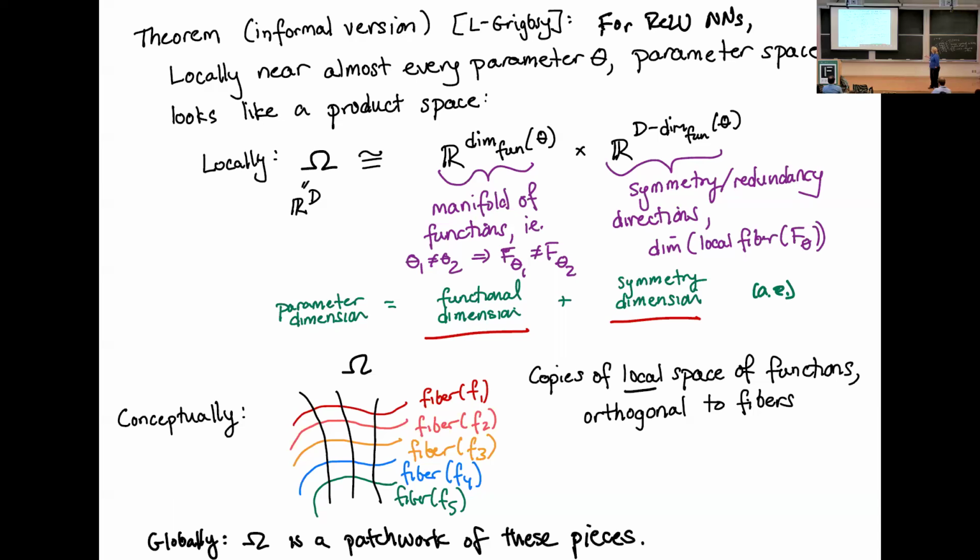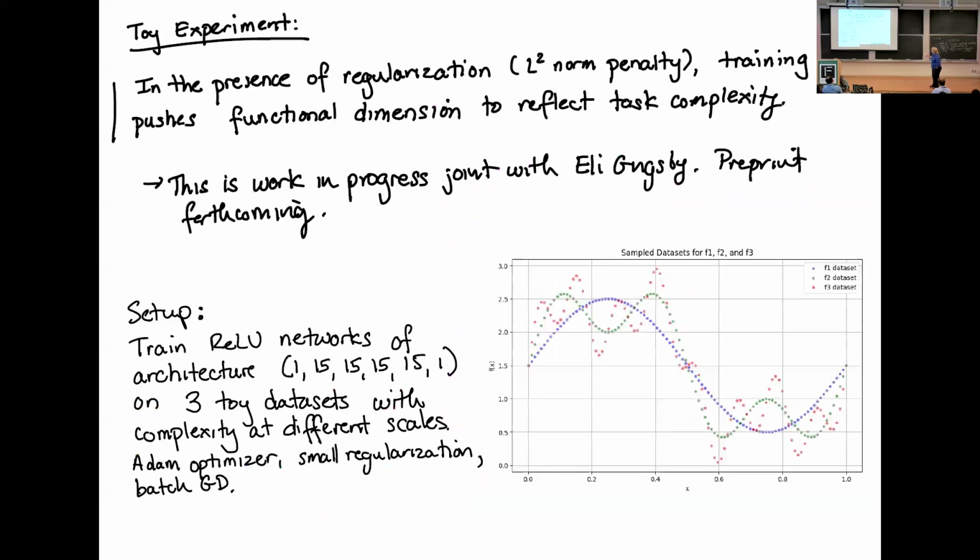Right, okay. So let me tell you about a toy experiment. We picked just some network architecture. What this means is that you start in dimension 1, your intermediate spaces are dimension 15, and you end up at 1. And we picked 3 different toy data sets with complexity at different scales.